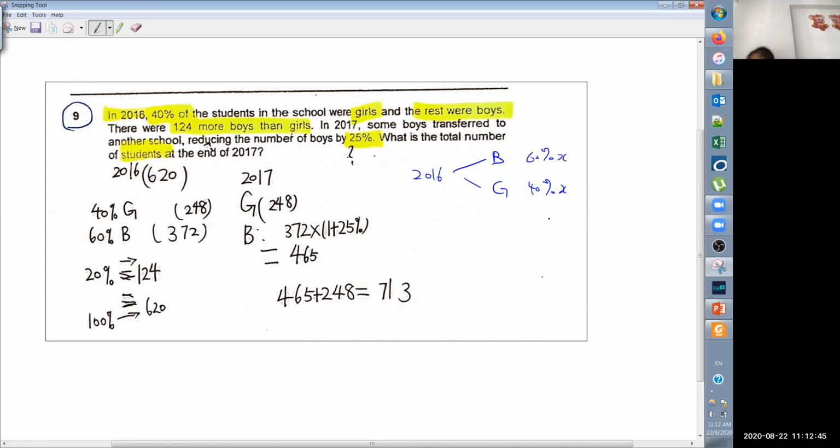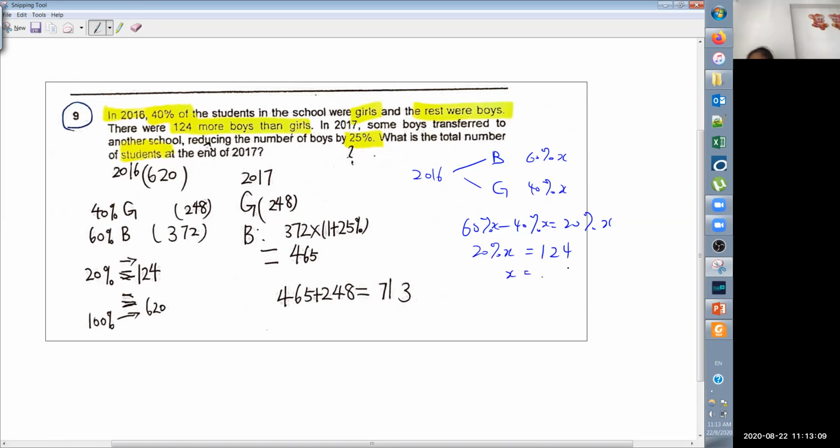And there were 124 more boys than girls. So you can figure out what is the X, right? So 20% X is actually your 124.